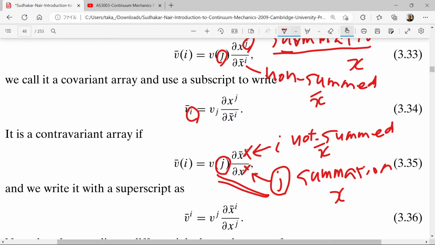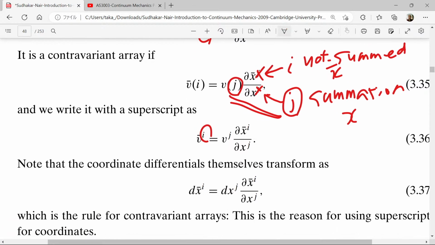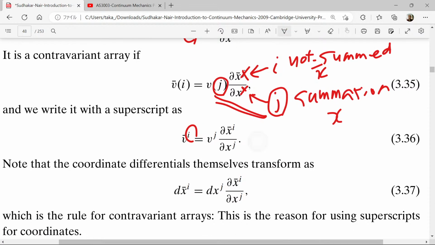See? Here non-sum is upstairs. Non-sum, so that's why we have upstairs. Yeah, so it's a little bit... The rule is very systematic.